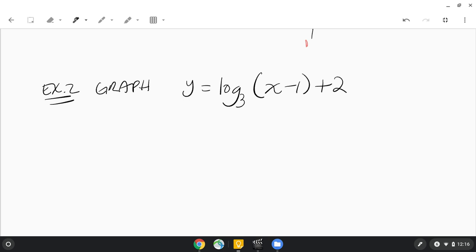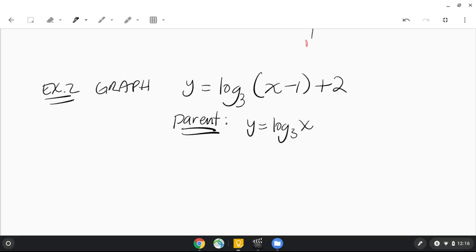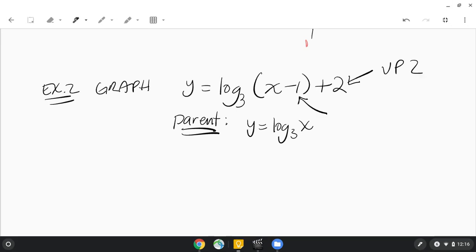Again, the parent function here would be y equals log base 3 of x, and all of those other things are just transformations. This one over here is up 2, which takes your parent function and shifts it up 2. This one takes your parent function and shifts it 1 to the right.